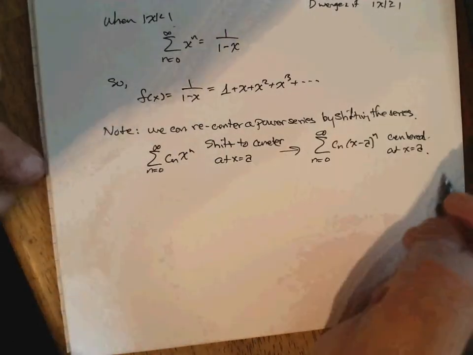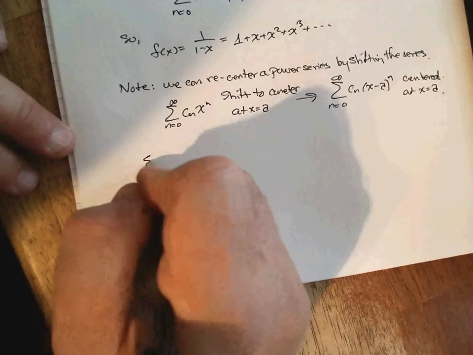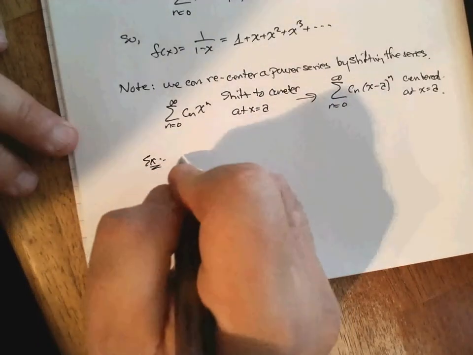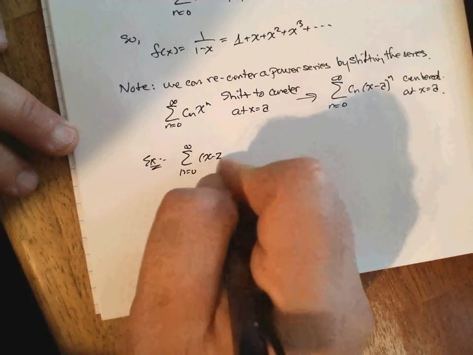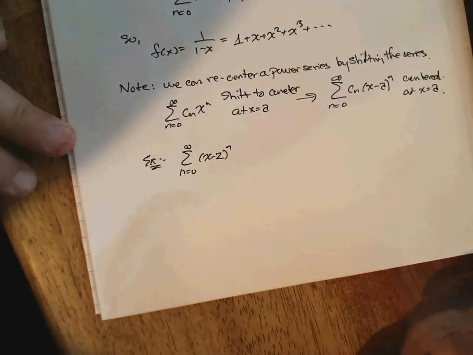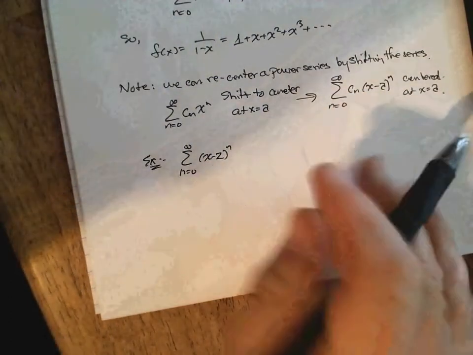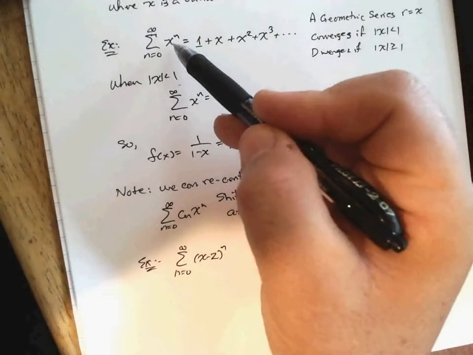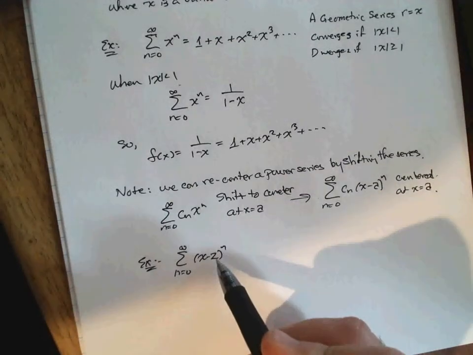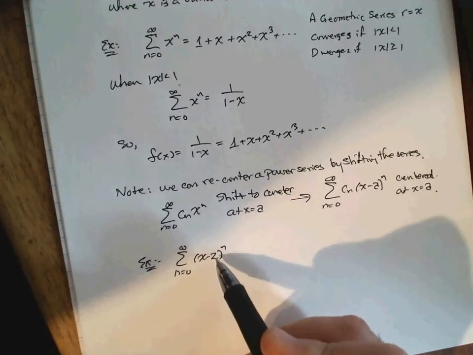Okay, so let's look at an example of this. You may notice that this is the power series up here, simply shifted so that it's centered at 2 instead of centered at 0. Okay?